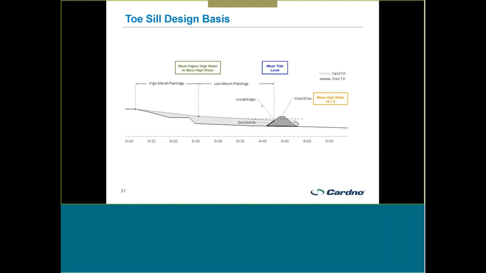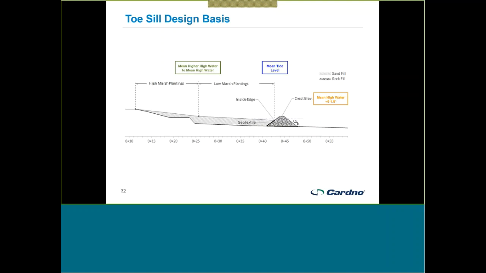Real quick, because I know we're getting to the fun stuff but running out of time, this was a general concept design, and to take a concept design and make it a site-specific design, we needed to know a couple of different things. When you build toe sills, generally the key design criteria are the crest elevation of your toe, the elevation of this sand backfill, and this rock.